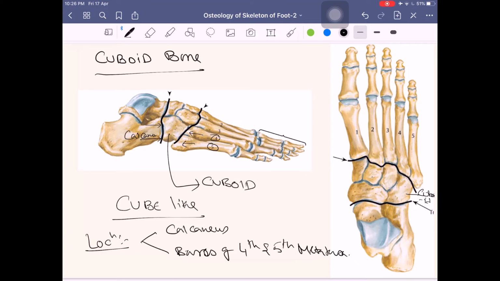So that's your location, as simple as that. Here also you can see this is the base of your fourth, this is the base of your fifth, so it is behind these, and this is in front of your calcaneum. That's the location. And if you want to give the other view also, it is lateral to the navicular bone and the lateral cuneiform bone. So that is another way of adding one more part. Now surfaces. It also presents 6 surfaces.